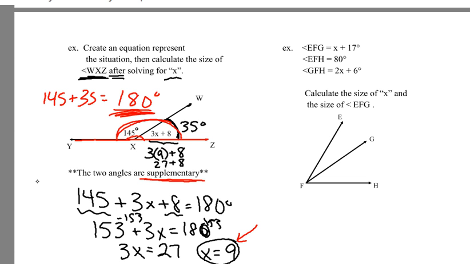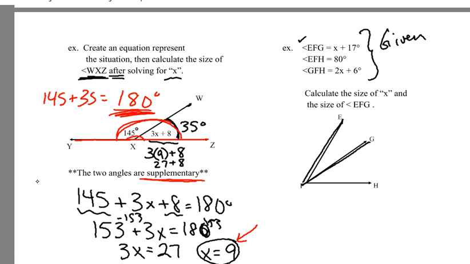Now, the next example, if you took a look at it, you noticed, wow, there really isn't a relation here. There's nothing from the angle relations we talked about, but it gives us a whole bunch of information that we need to carefully transfer to our diagram. First piece, angle EFG. There it is there.